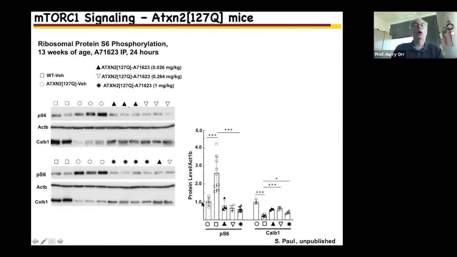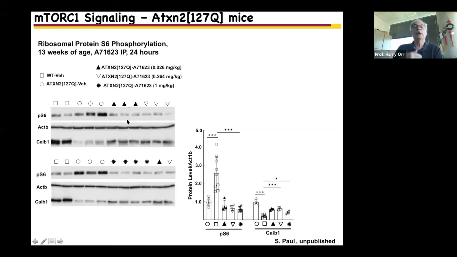Moving to the phosphorylation of the ribosomal protein, again by Western blot analysis using the same sort of paradigm that we went through previously with the 82Q ataxin 1 mice. The interesting thing is that these animals, the ataxin 2 transgenic animals, rather than showing a deficit in mTOR signaling as indicated by S6 phosphorylation, show an enhanced signaling of the mTORC1 pathway compared to wild type animals.